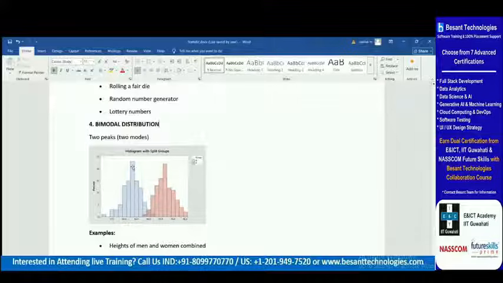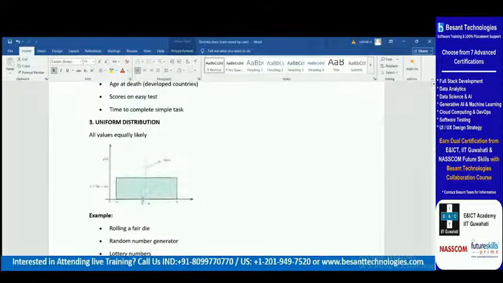At some time, around 1 p.m., the stock value is hiked up like this, and here also around 1 p.m. the stock value is hiked up like this. If you compare the 2 normally distributed sets like this, that is called bimodal distribution.